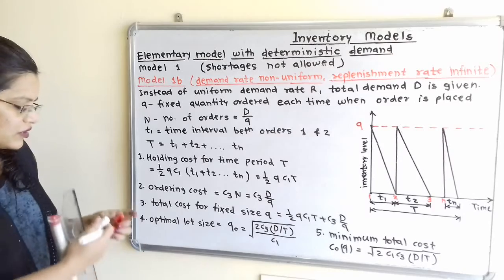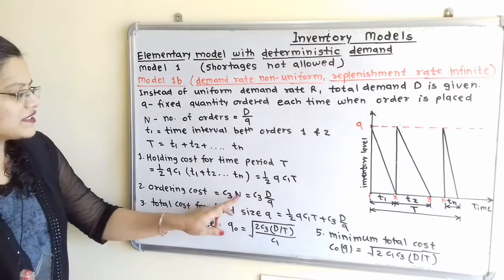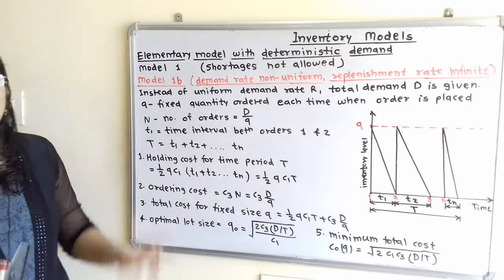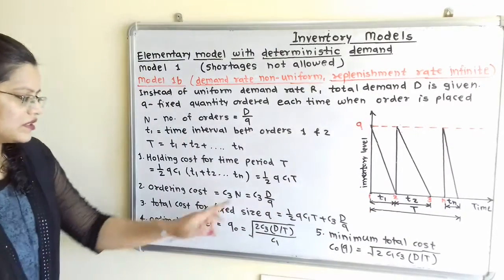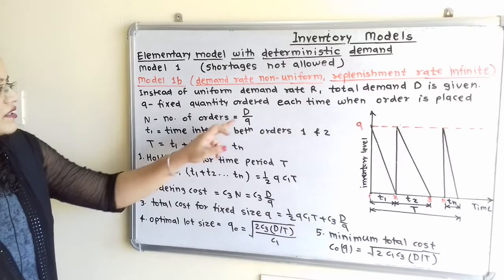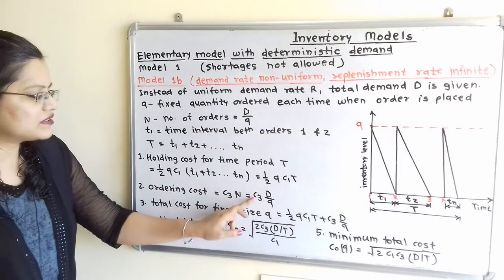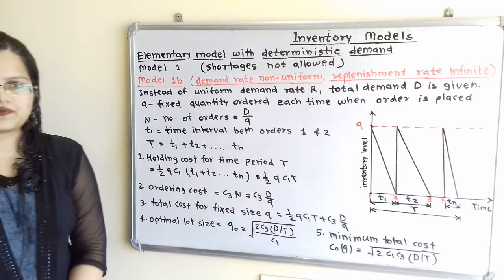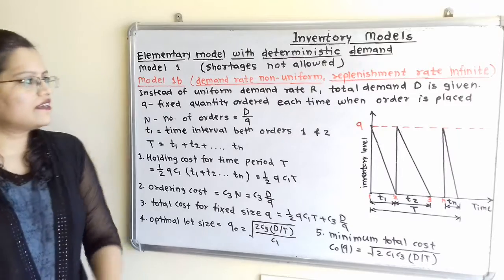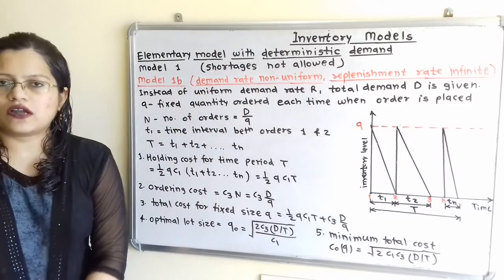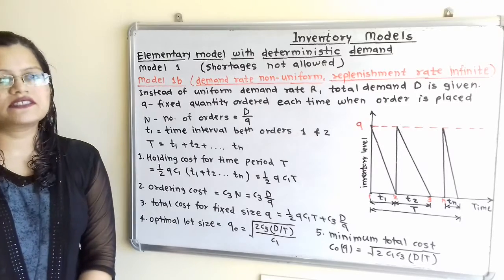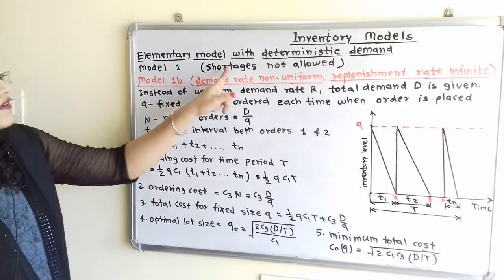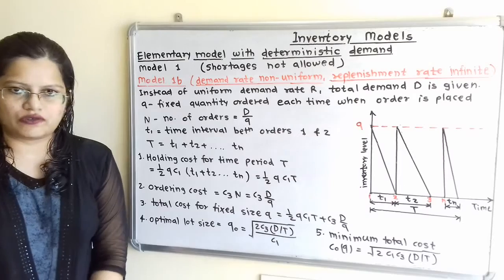So ordering cost is C3 n, where n is the number of orders, so we multiply with the number of orders. We can write n another way, that is D by Q, so the ordering cost is C3 D by Q. Now we know that shortages are not allowed, so C2 is the shortage cost and it is infinite, because for model 1 shortages are not allowed.